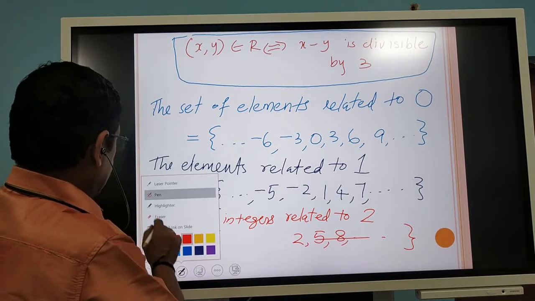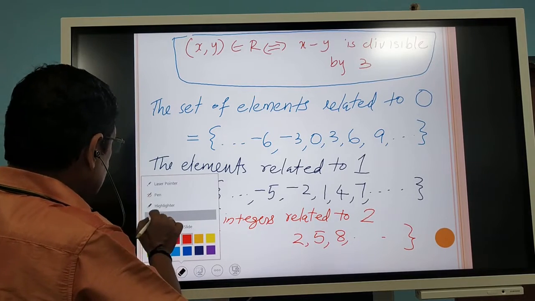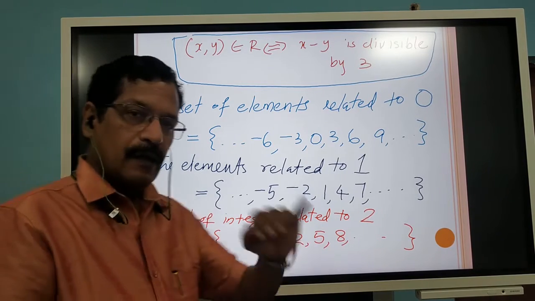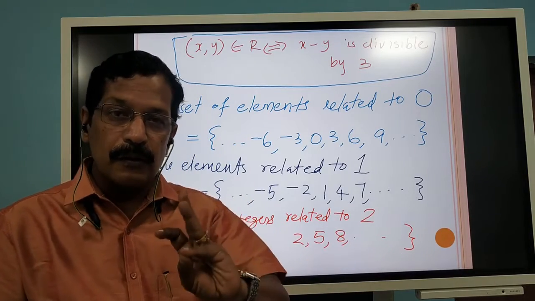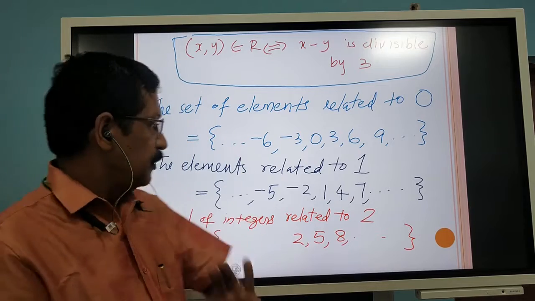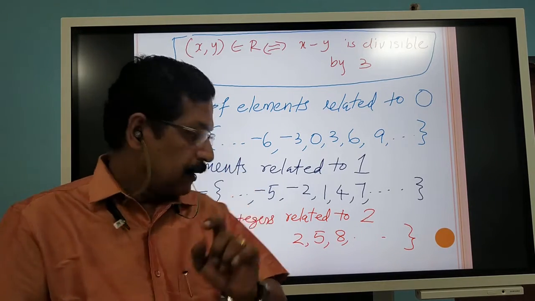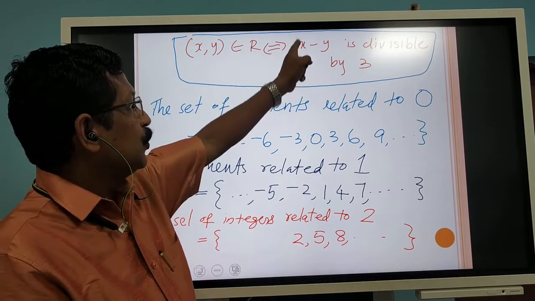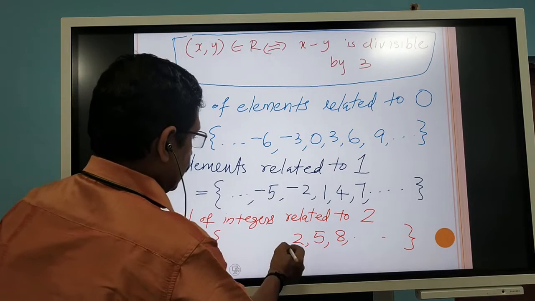Now on the left side of 2. 1 minus 2 is not divisible. Now what about 0? 0 minus 2 is also not divisible. Now what about negative 1? Negative 1 minus 2 is negative 3, so it is divisible.